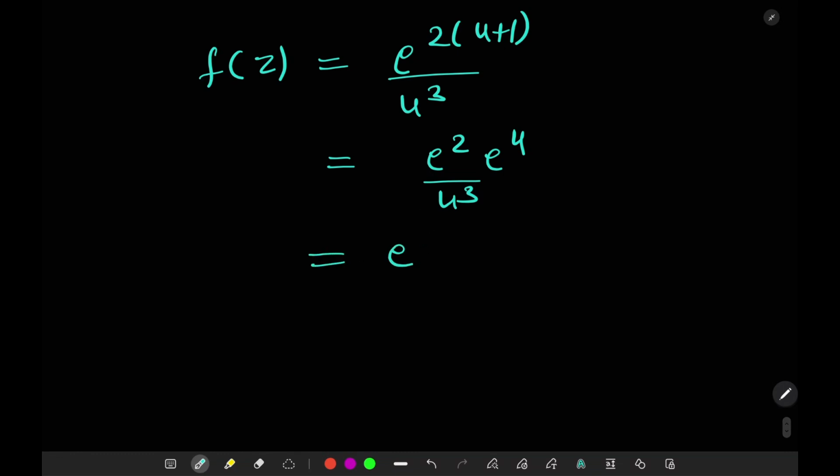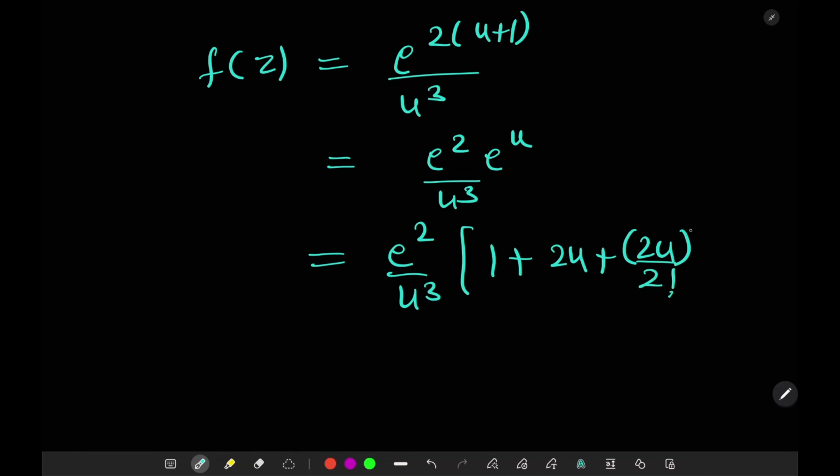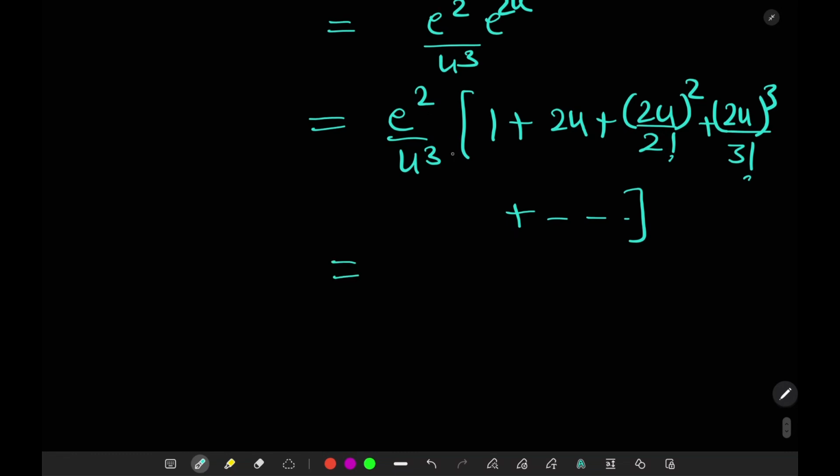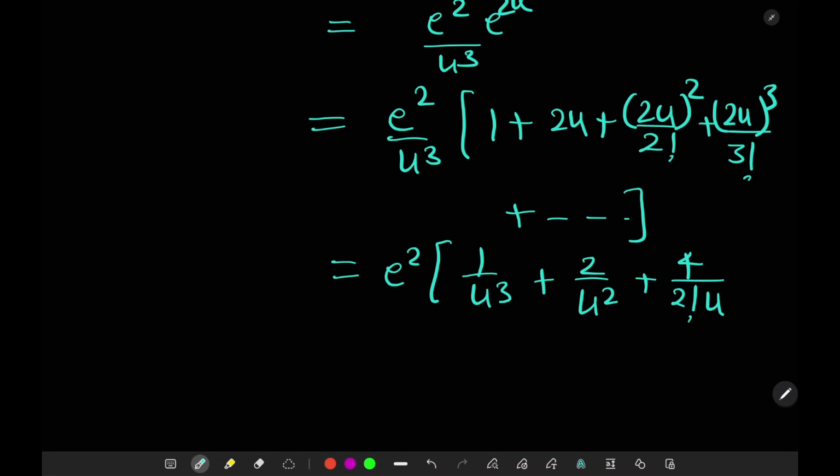Now this is u. Now expanding e raised to power u, we can write this, which is 2u, up to and so on, and multiply by u cube, we get this value, plus 8 by 3 factorial plus u by 4 factorial up to and so on.